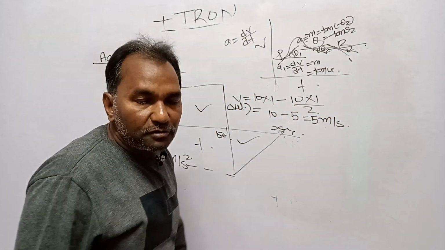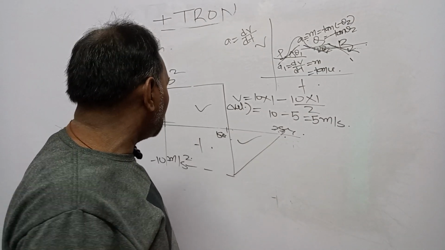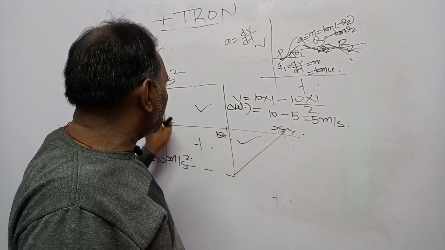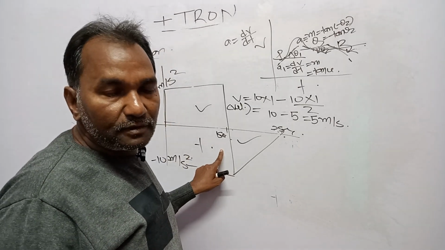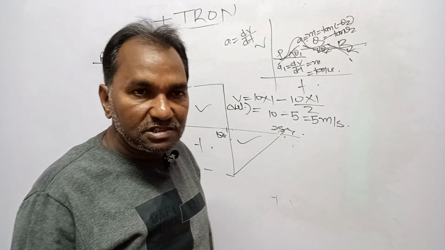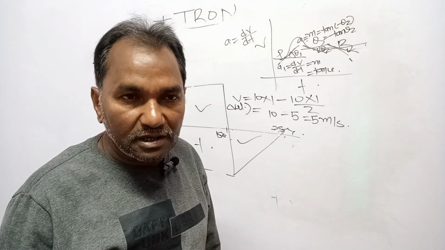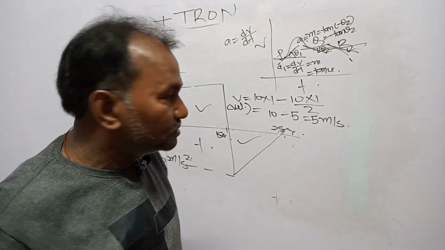The area of the acceleration and time graph represents either the velocity or speed. If you consider the sign, then it is velocity, and if you do not consider the sign, then it turns into speed.